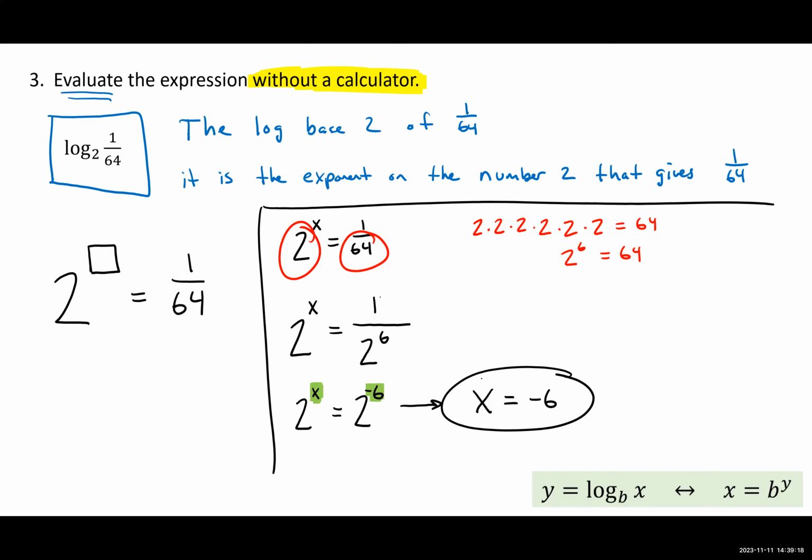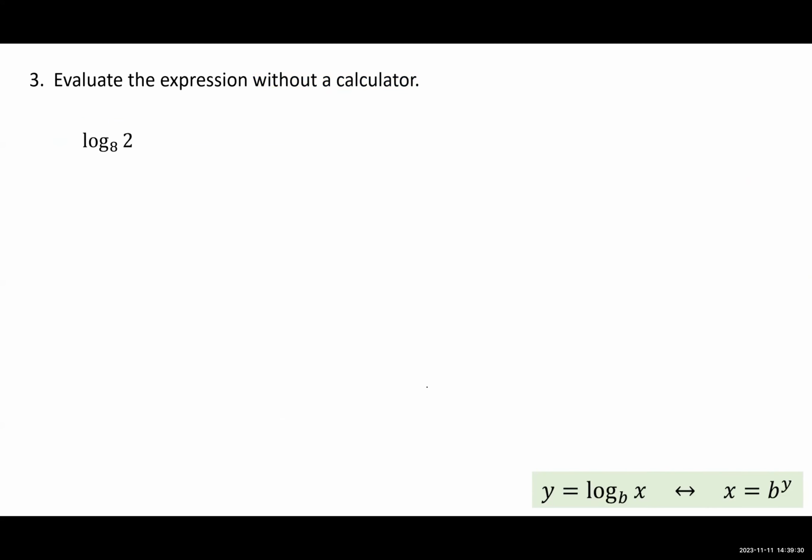Okay, let's do another one of these where we start with the logarithmic equation, rewrite it in exponential form, and then try to match up the base of the exponential expression on both sides. The log base 8 of 2, what is this equal to? Well, it's equal to something, right? So let's say it's equal to x.